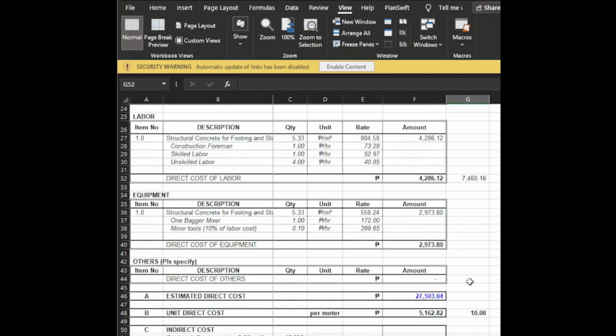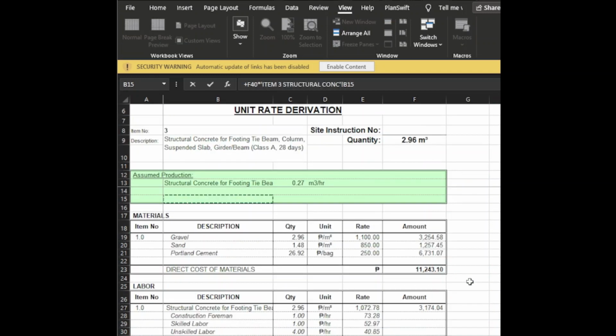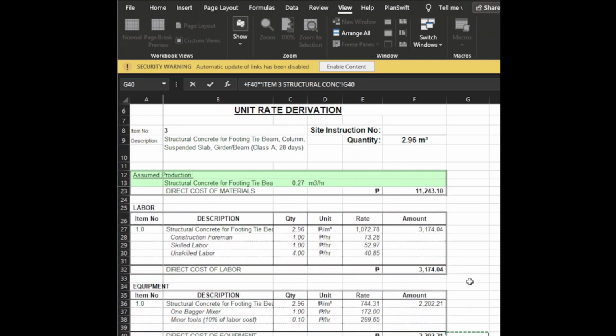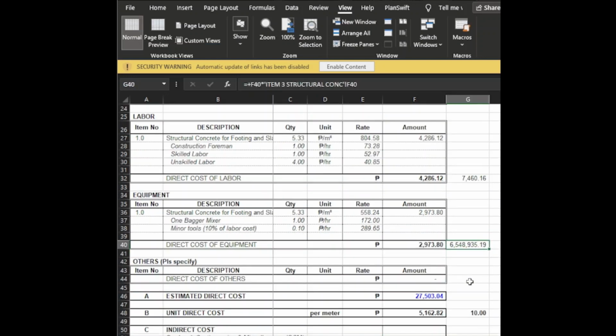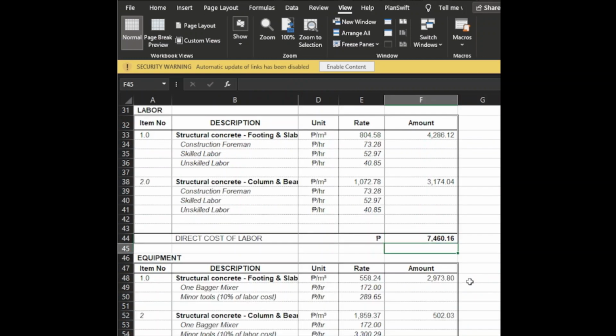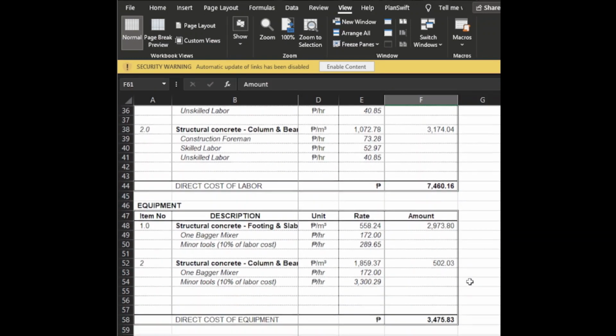And the equipment, the sum is equipment plus this one. What happened? It's not times, it's plus only. 5,176. Wait, why is it different?